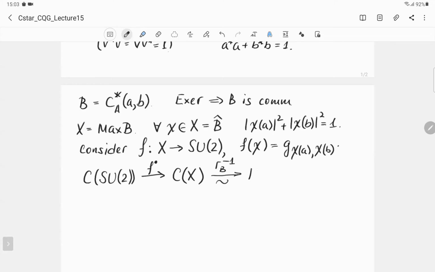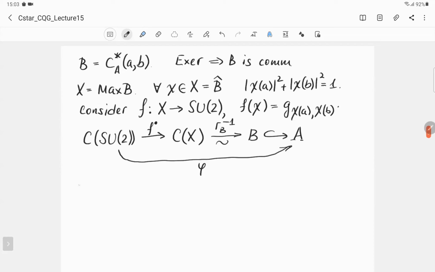So this is isomorphic to B, and B is contained in A. When we take the composition of these maps, we get a star homomorphism phi from the algebra of continuous functions on SU2 to A. It easily follows from the construction, and this is a little exercise for you, quite straightforward, that phi is exactly what we're looking for. So phi takes alpha to a and gamma to b.